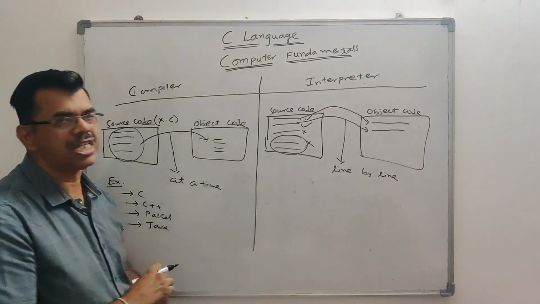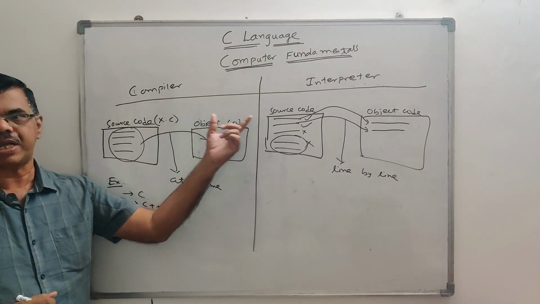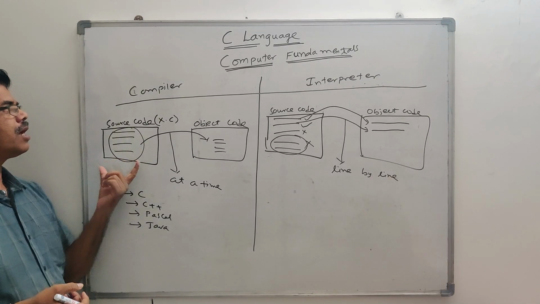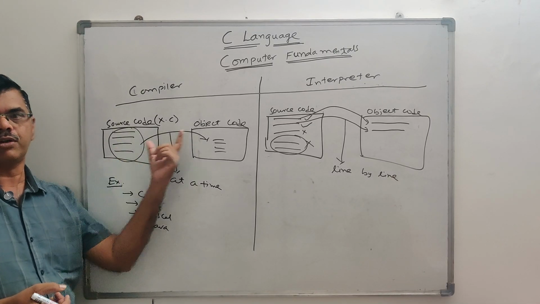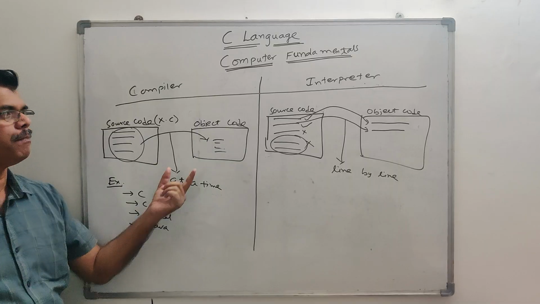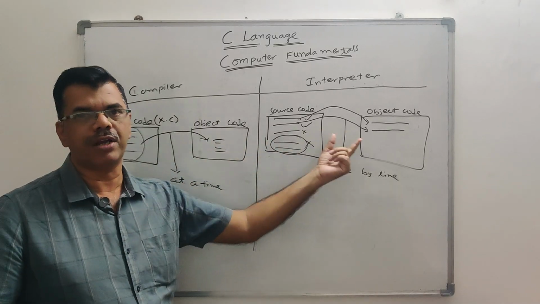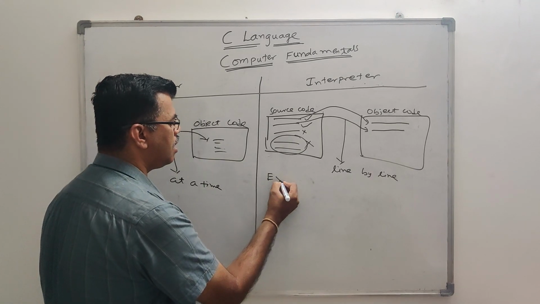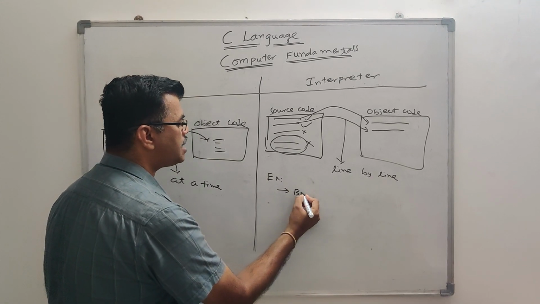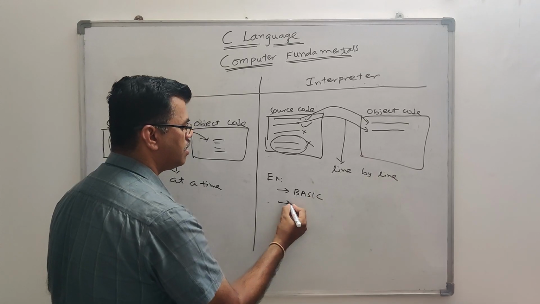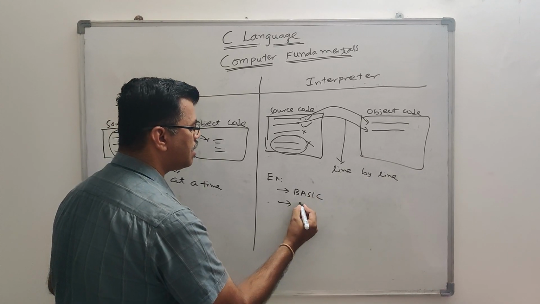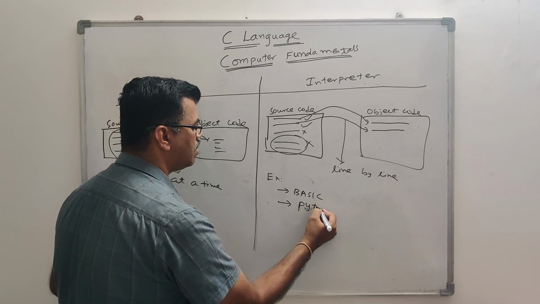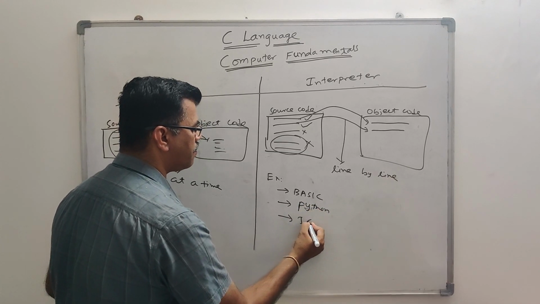What is the main difference between compiler and interpreter? A very important interview question as a beginner. Compiler converts source code into object code at a time. Interpreter converts source code into object code line by line. The examples are BASIC, Python and even Java.